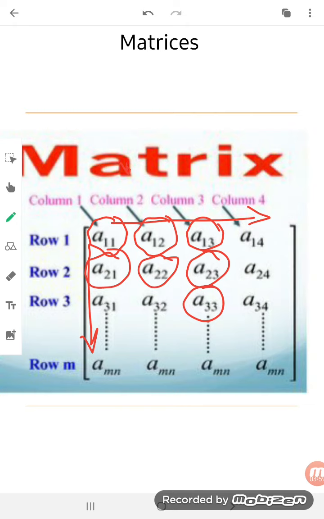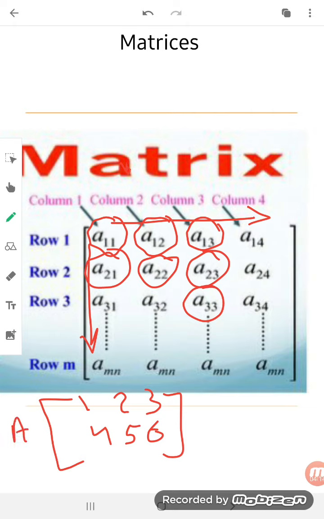So when we write this matrix 1, 2, 3, 4, 5, 6, and we are asked to write the element, this matrix is called A, write A1,3. 1,3 means the element that lies on the first row and the third column, it means this number 3.